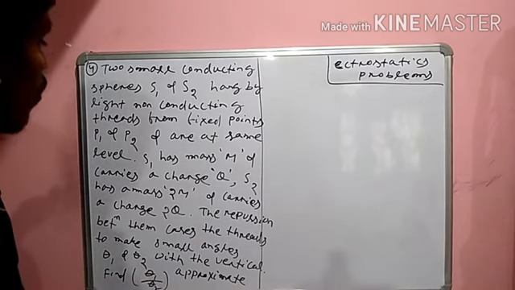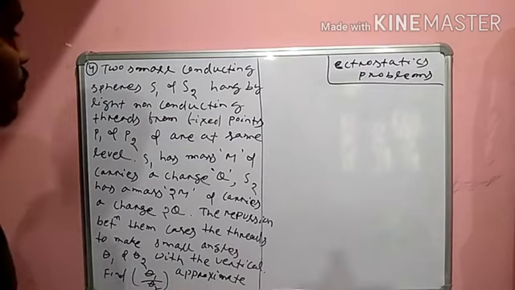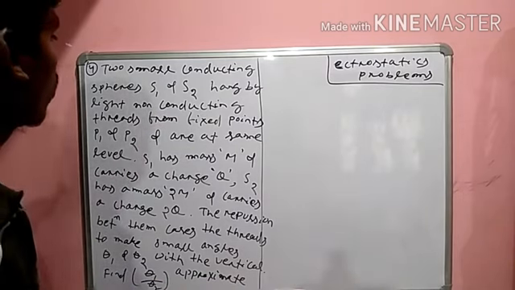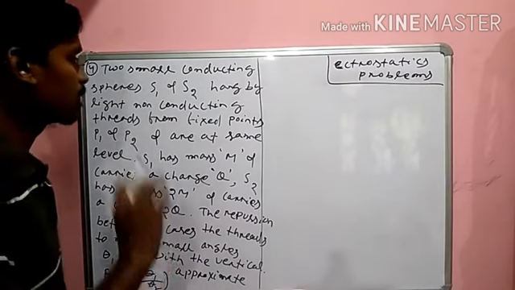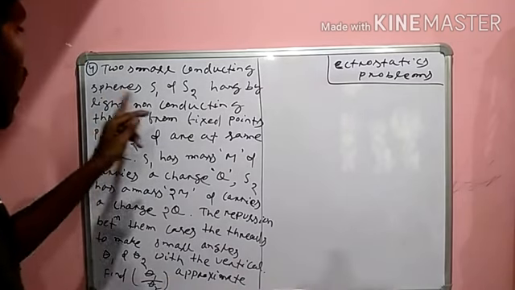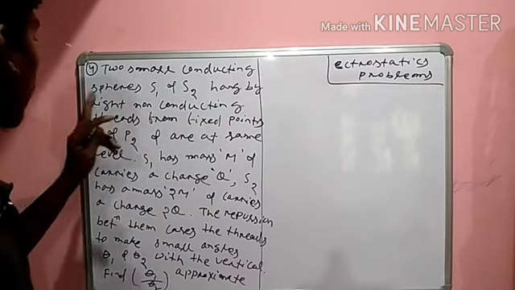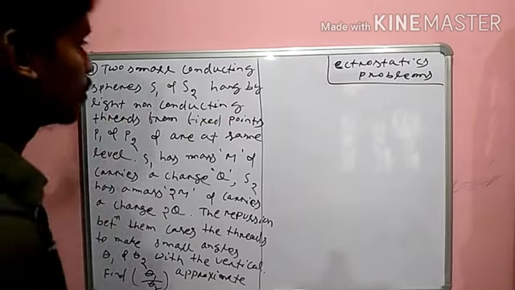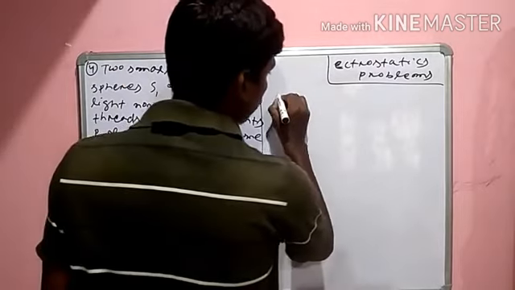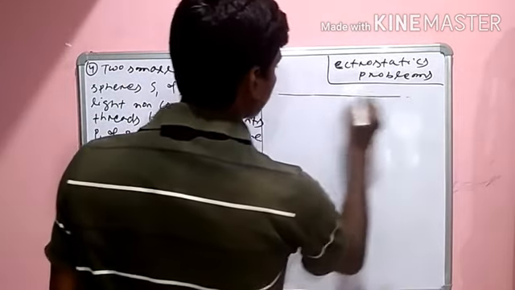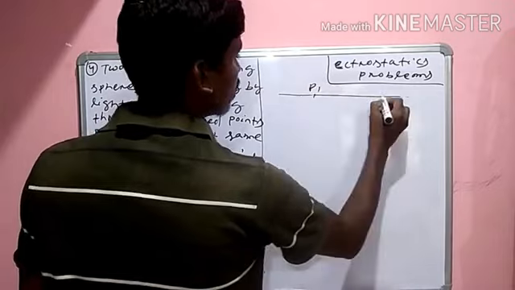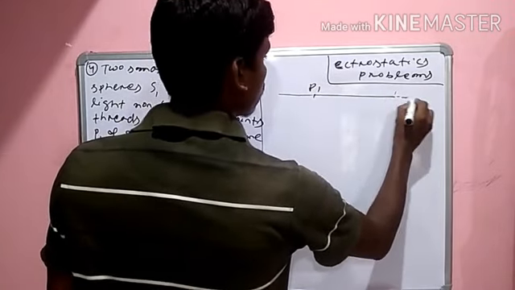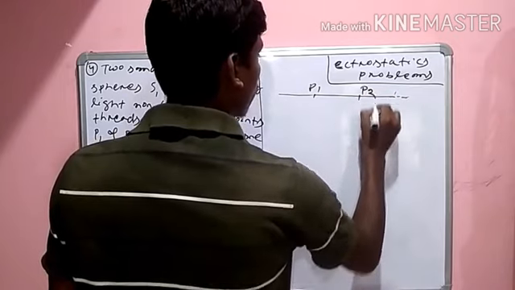So you can draw by this question. The two small conducting spheres available, S1 and S2, hang by light non-conducting threads from fixed points P1 and P2. Suppose this is the fixed point, this is the P1 point, this is the P2 point.